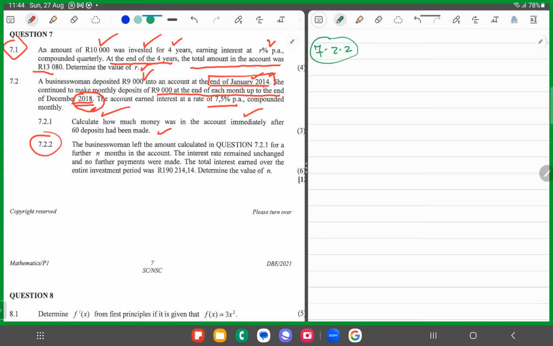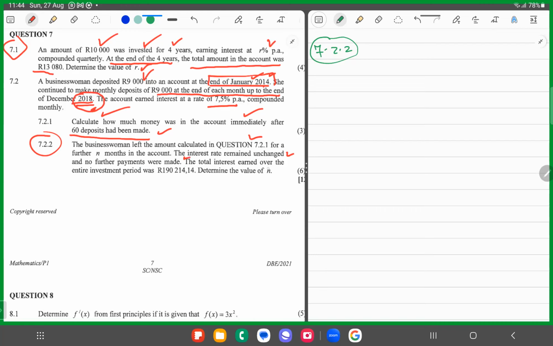Okay, the businesswoman calculates how much money was in the account immediately after 60 deposits have been made. So we got that. The businesswoman left the amount calculated in 7.2.1 for a further 8 months in the account. The interest rate remained unchanged and no further repayments were made.